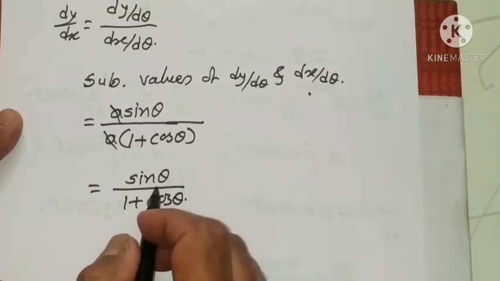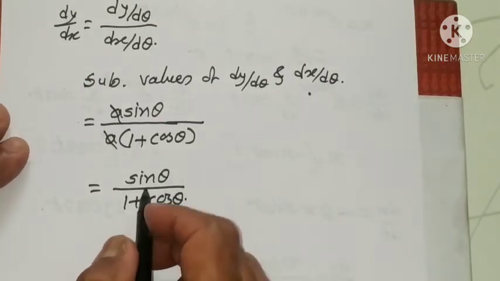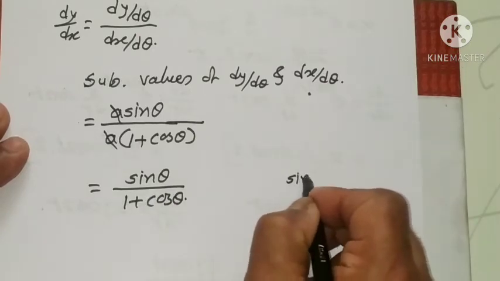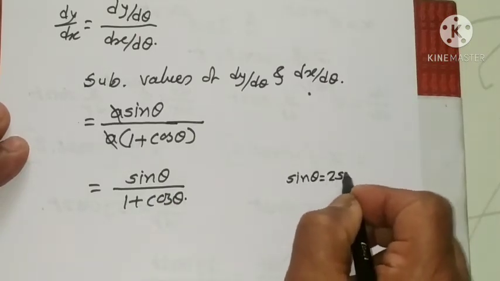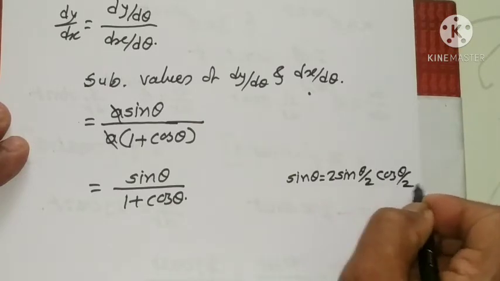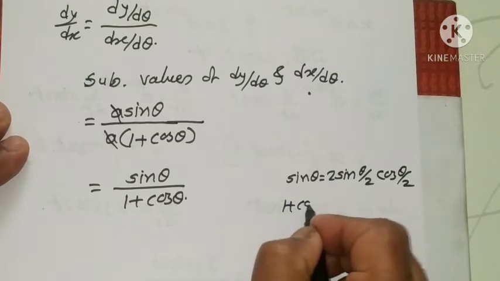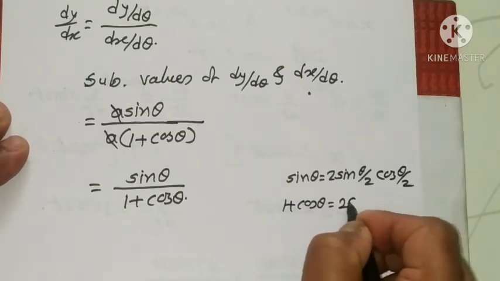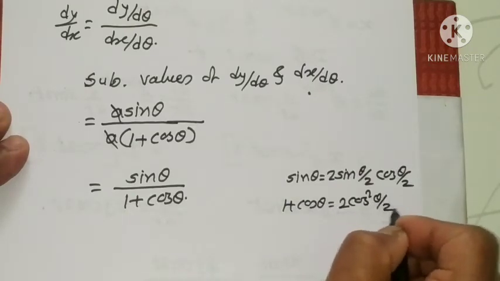According to trigonometric formulae, sin theta is equals to 2 sin theta upon 2 into cos theta upon 2 and 1 plus cos theta is equals to 2 cos square theta upon 2.